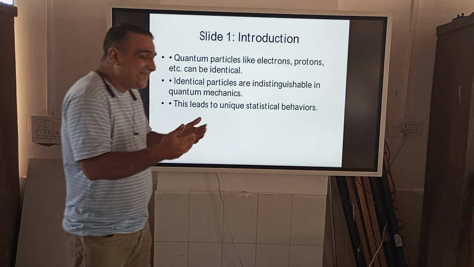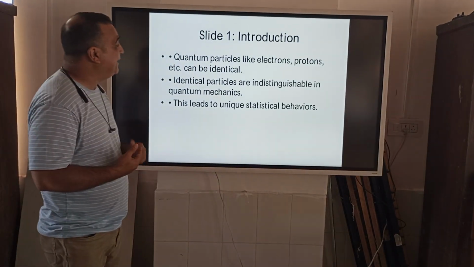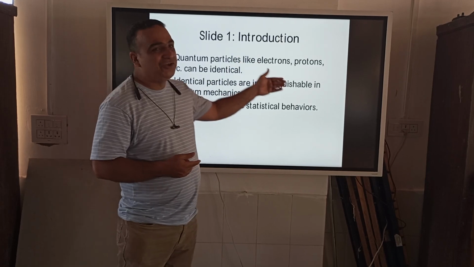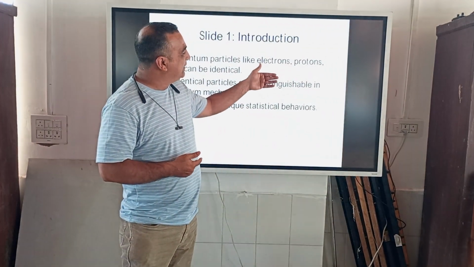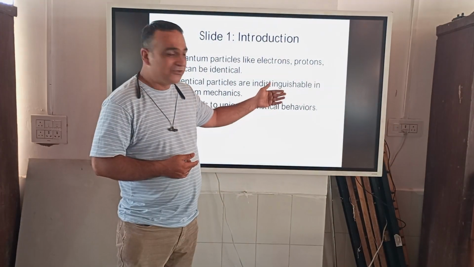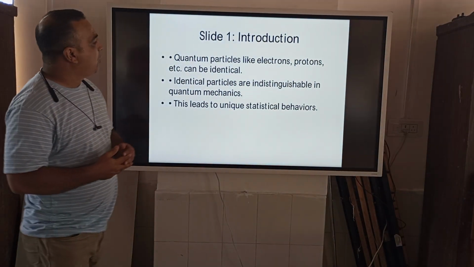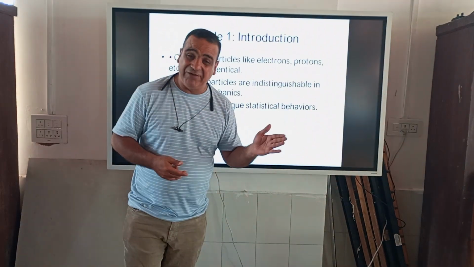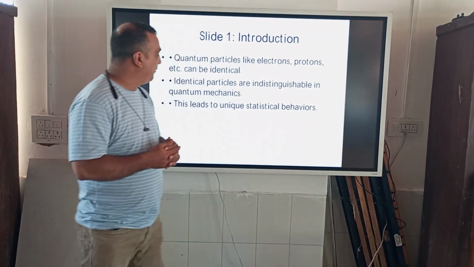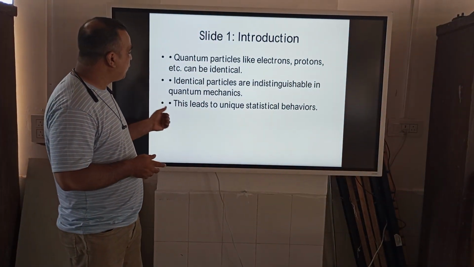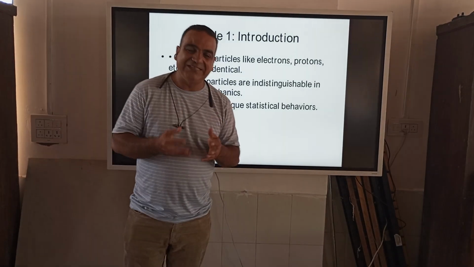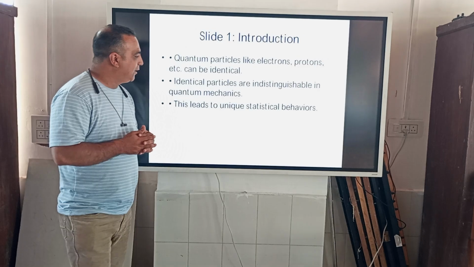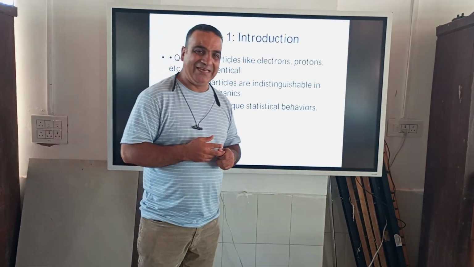What identical means, we will come to that slide, but we can attribute the identical nature to particles like electrons and protons. Identical particles are indistinguishable in the framework of quantum mechanics, and this is what leads us to the unique statistical behavior of the complex systems of these quantum mechanical particles.